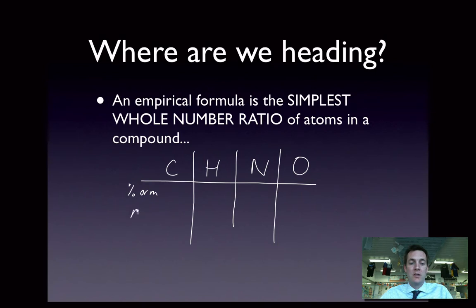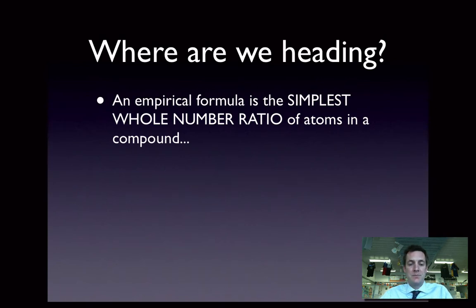You can turn those into a number of moles because the number of moles is the mass divided by the molar mass, and then once you know the number of moles you can find the ratio, and you can plug that ratio into a formula. You'll end up with a formula that has those 4 elements but also some numbers in it, called X, Y, and Z because we don't know what they are yet. So that's where we're heading with this.